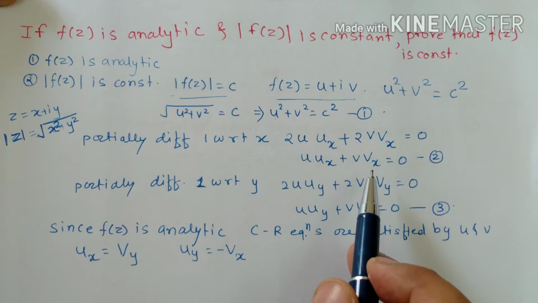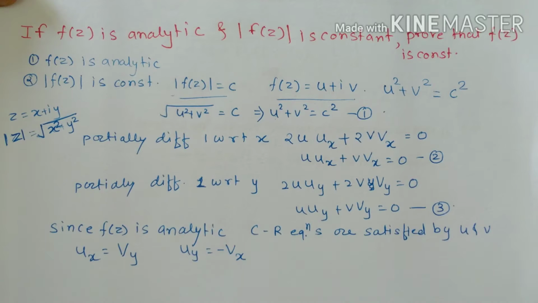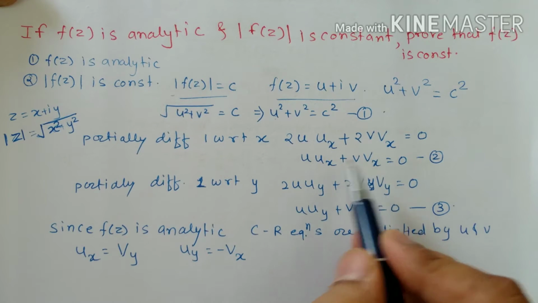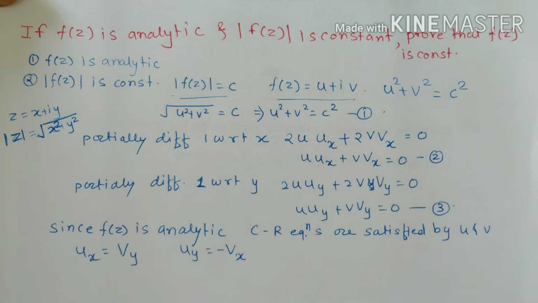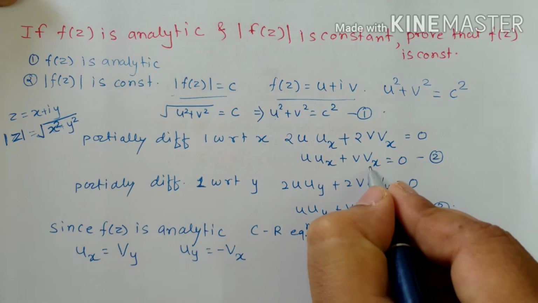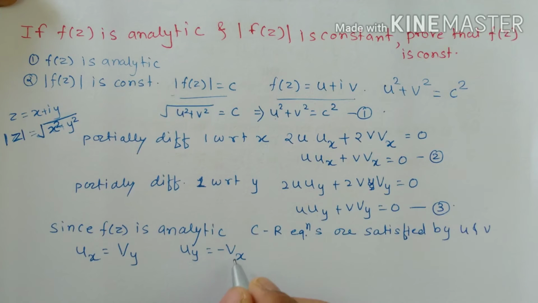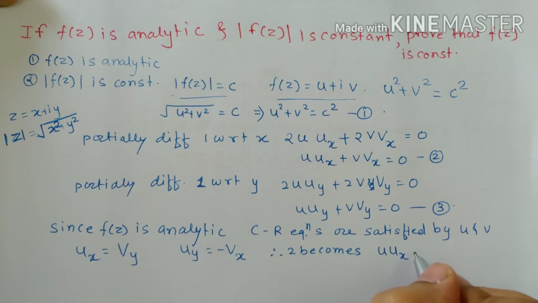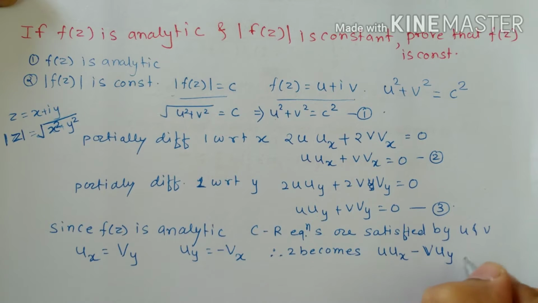Changing the equations in terms of u or v means I am just trying to change the partial derivatives involved in terms of u only, not the entire equation. For the first equation, here it is vx. From this we have vx is equal to minus uy. So replacing there, 2 becomes u ux minus v uy is equal to 0.